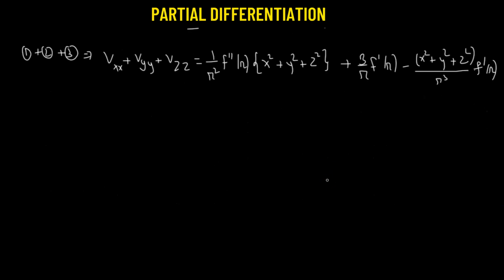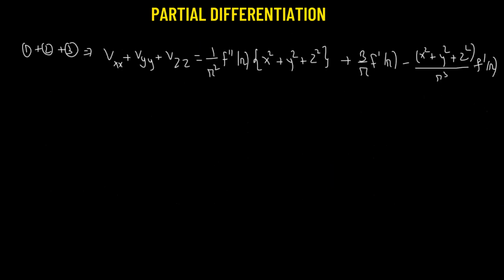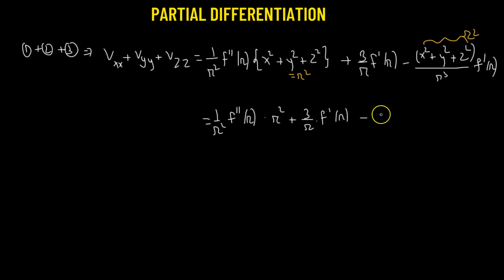Right. Now what we can do is replace x squared plus y squared plus z squared with r squared. Now we will get 1 over r squared times f double prime r multiplied to r squared plus 3 over r times f prime of r minus r squared divided by r cubed times f prime of r.